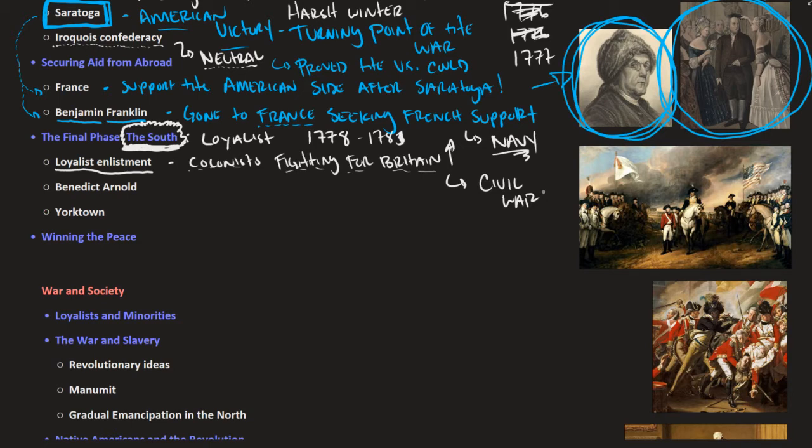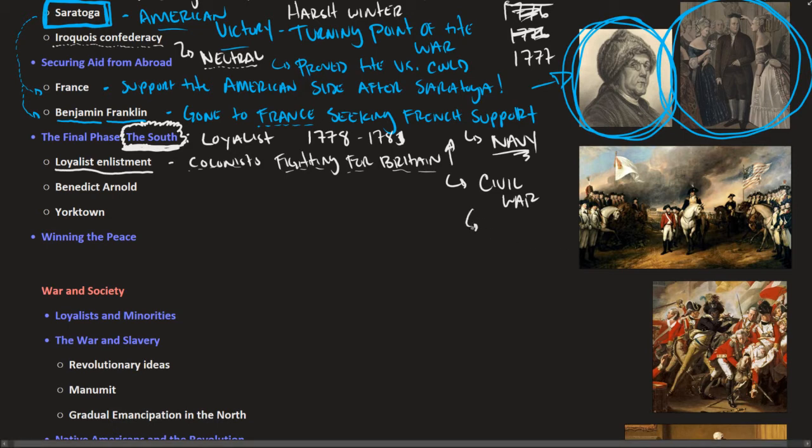And in Georgia, in South Carolina, in North Carolina, in Virginia, it is essentially a war of colonists versus colonists, one being enlisted for the British, one being enlisted for the American side. That wasn't the case before. Before, the British had only used troops from Great Britain, the professional redcoats. But later on in the war, they had grown desperate to the point where they sought to enlist people in the colonies.